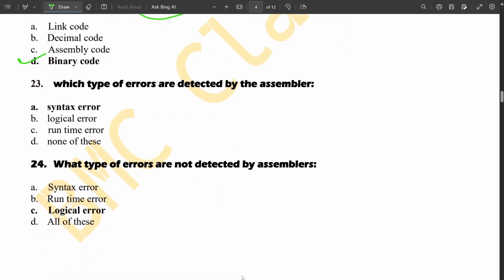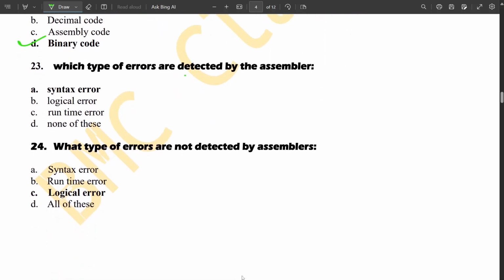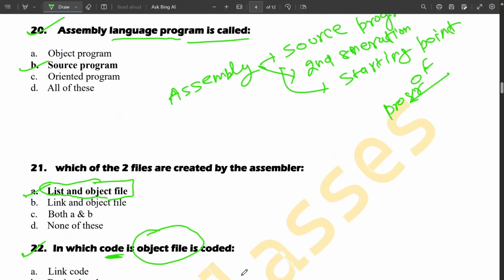Next, which type of errors are detected by the assembler? Your answer will be syntax errors. Syntax errors are detected by the assembler. You can add this here.